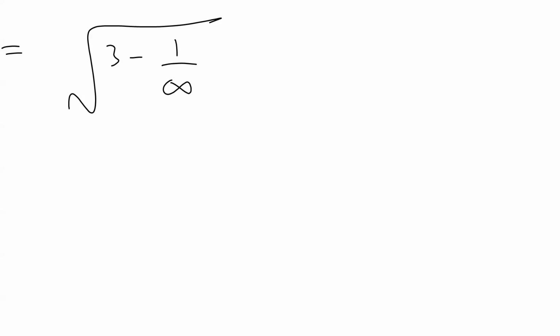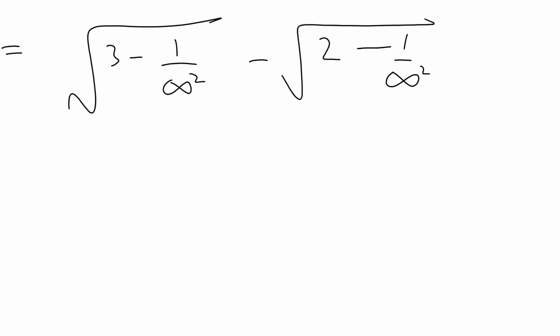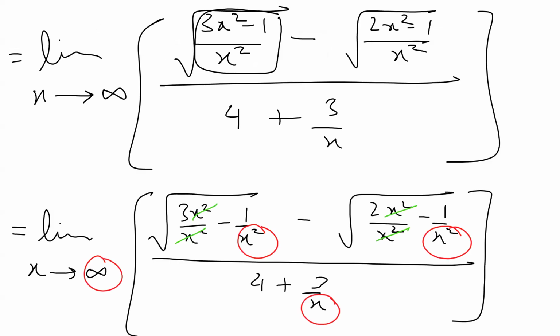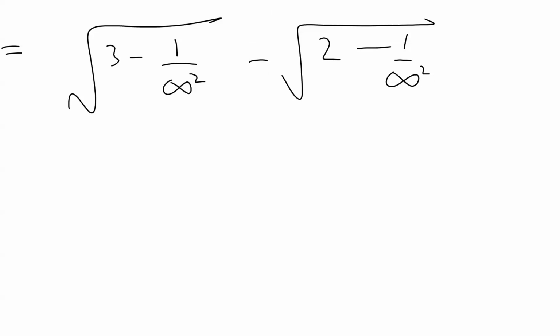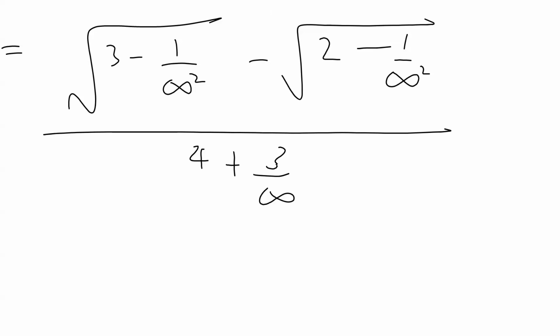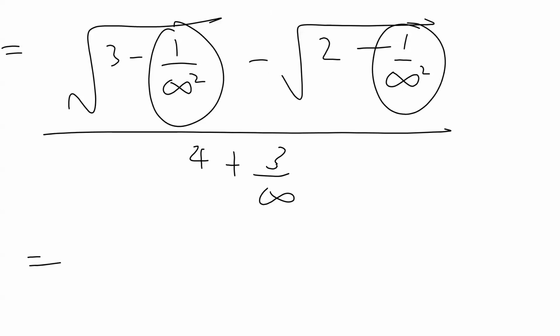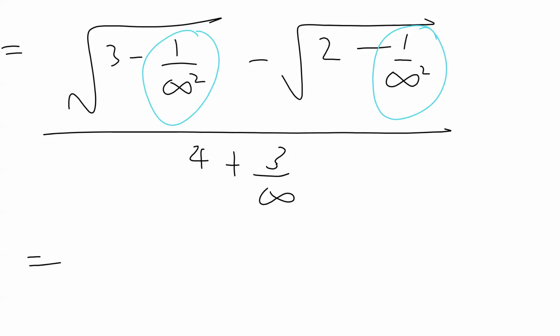And down, 4 plus 3 upon not defined. Now these values are 0, whatever I'm encircling. Anything upon infinity, or infinity square, cube, anything is 0. So this will be root 3 minus root 2 upon 4.